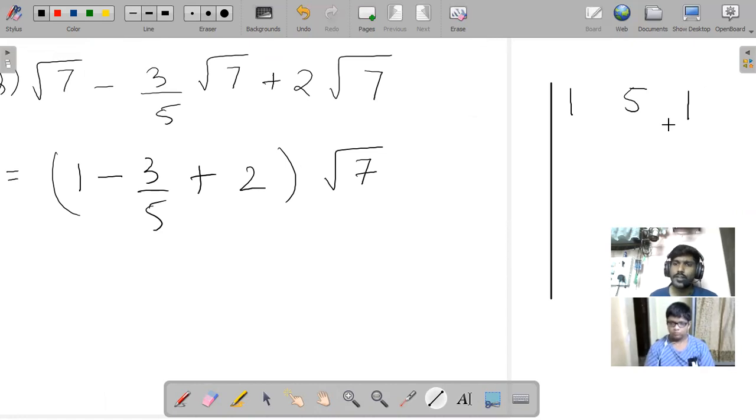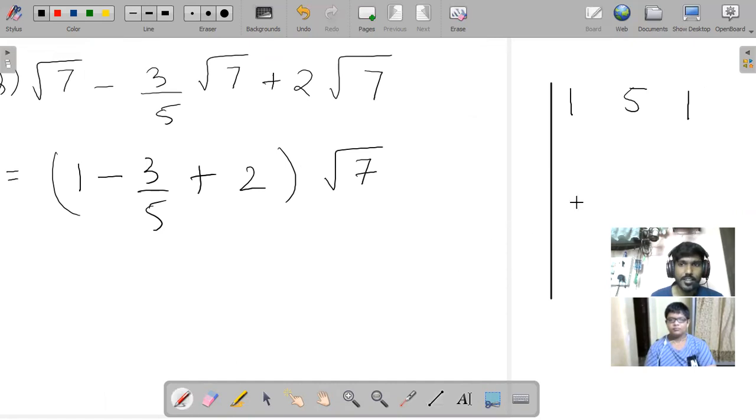Do you remember how to find out LCM of 2 or 3 numbers together? We put the numbers together and we find the prime factors. So let's do this.